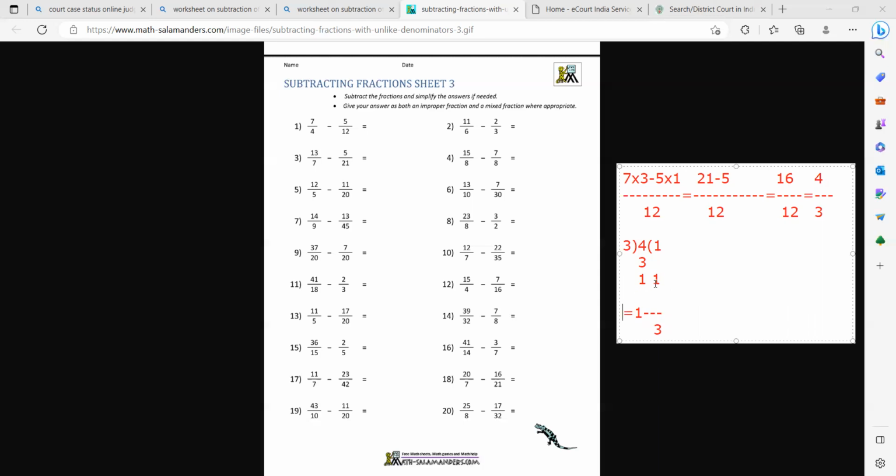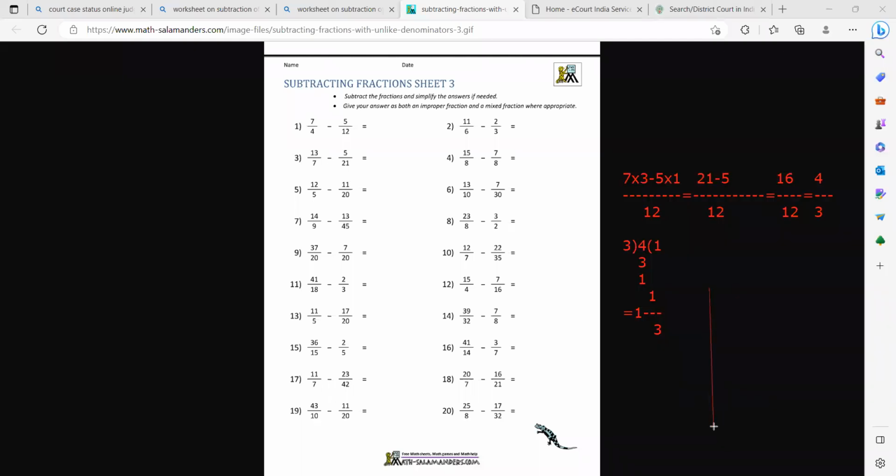Okay. Those who don't know how to do the LCM, I am showing you. For those who don't know how to do the LCM, it's very easy. We just need to draw one standing line and one sleeping line.